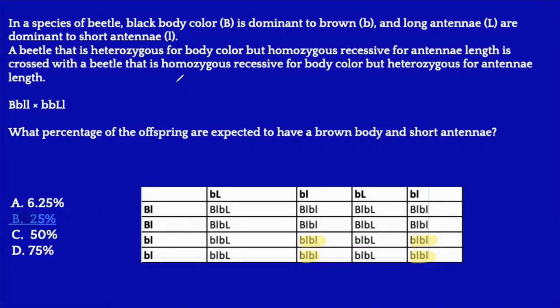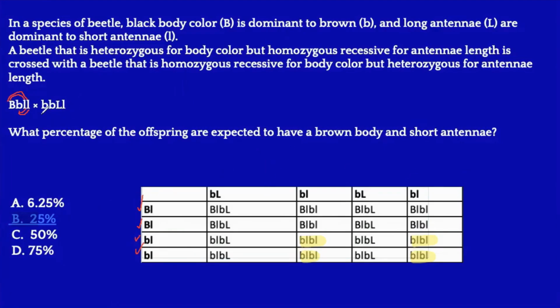Firstly, we're going to do a dihybrid cross. So we have the first with the first. That's going to be big B, little l, which is what we have here with the one parent. Big B, little l again, so we have that again. Little b, little l, and little b, little l, which we have on this side.